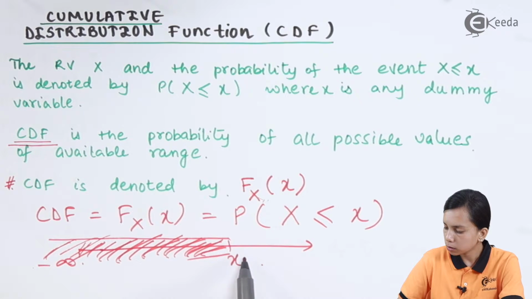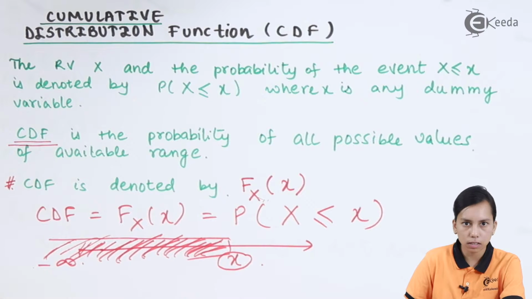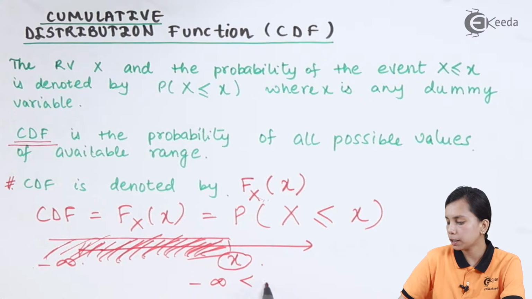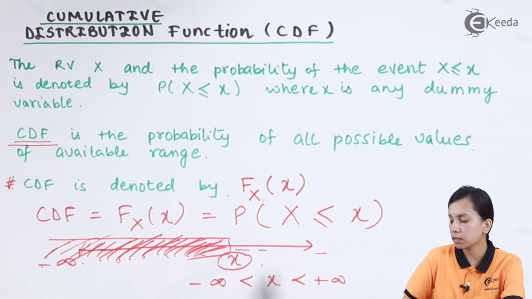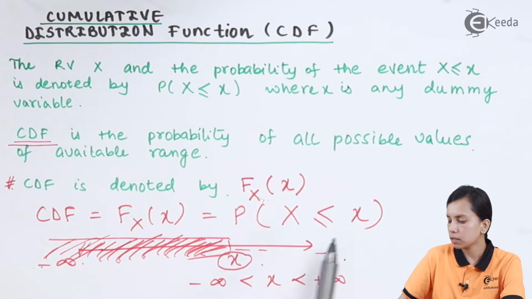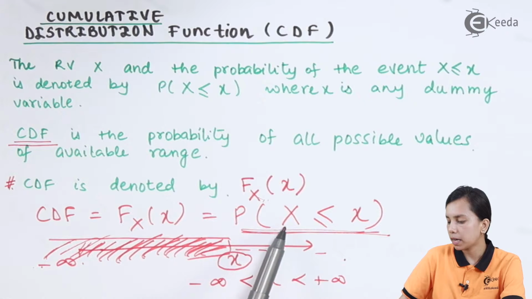But one more thing to consider is that this x, as it is a dummy variable and is assumed by us, is varying from minus infinity to plus infinity. It can take any value from minus infinity to plus infinity, but for this particular case, capital X is less than or equals to x.